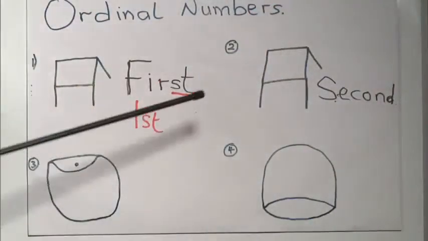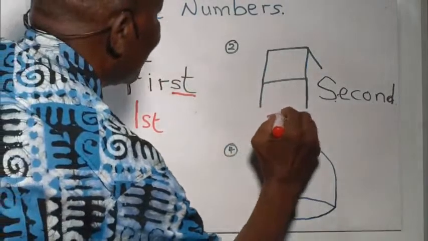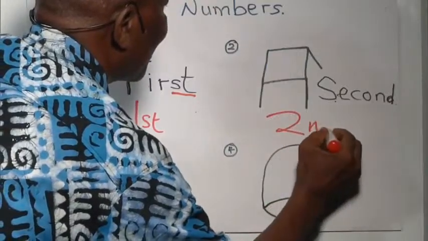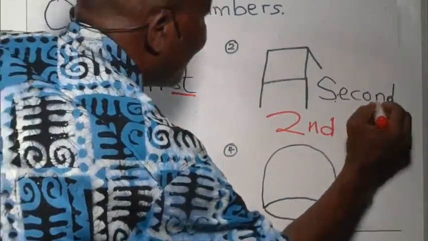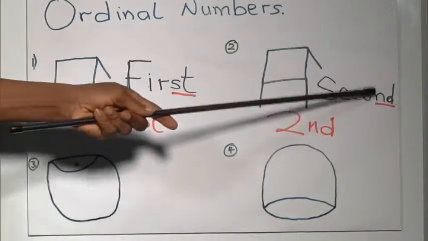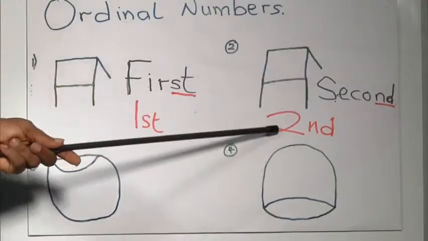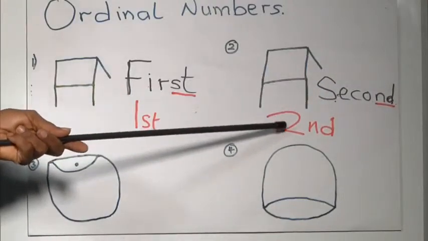That is how we spell it. Then you see the last two letters of the word second, ND, is attached to 2. So that is second.